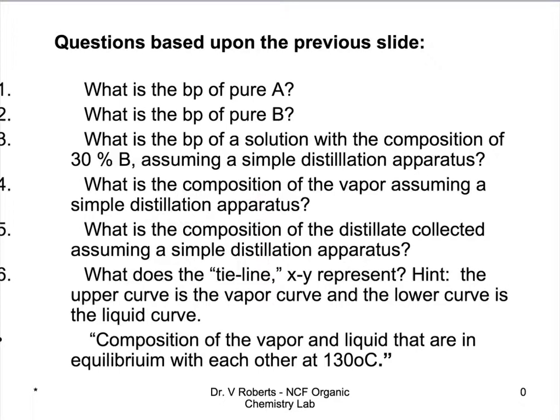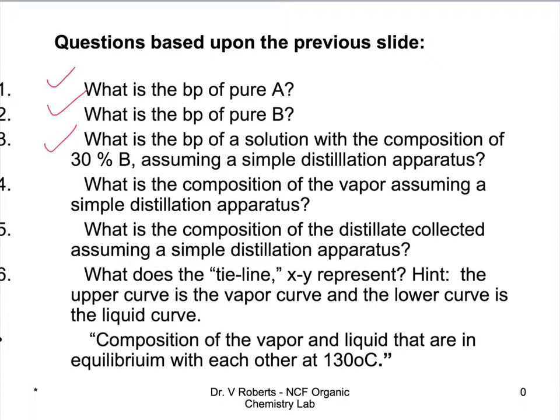Based upon the previous slide, you should be able to identify the boiling point of pure A, the boiling point of pure B, and we talked about the boiling point of the solution with the composition of 30% B. That seemed to be about 130 degrees Celsius.